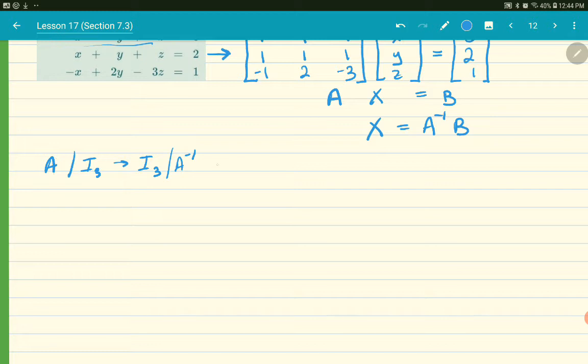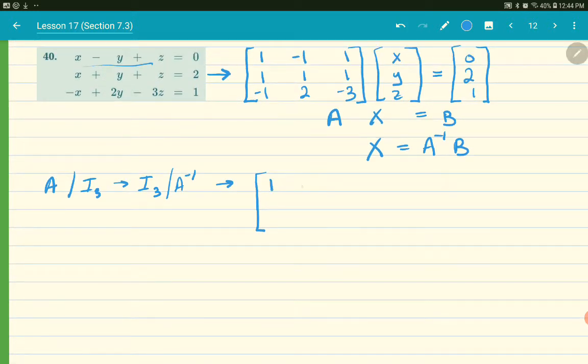So we're going to do that. Starting with A on the left, our matrix A is 1, negative 1, 1, 1, 1, 1, negative 1, 2, negative 3. And we're augmenting it with the identity matrix that's 3 by 3. So that's 1s down the diagonal and then 0s everywhere else.